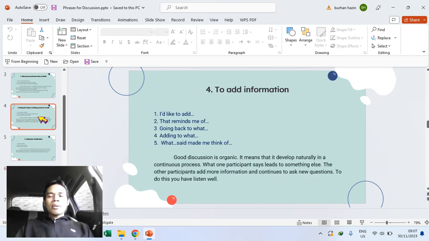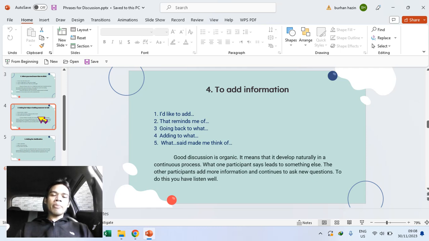Next one, when you want to add information, what phrases can you use? You can say, "I'd like to add to this..." "That reminds me of..." "Going back to what..." "Adding to what..." and so on.